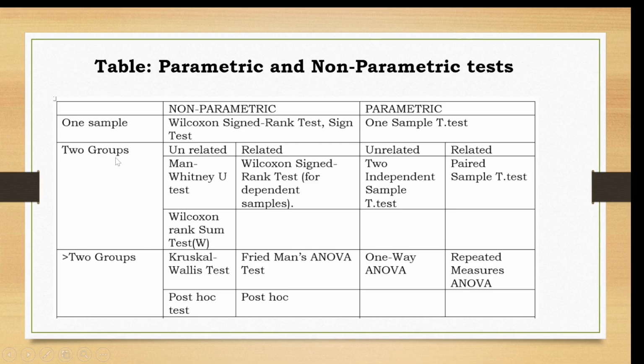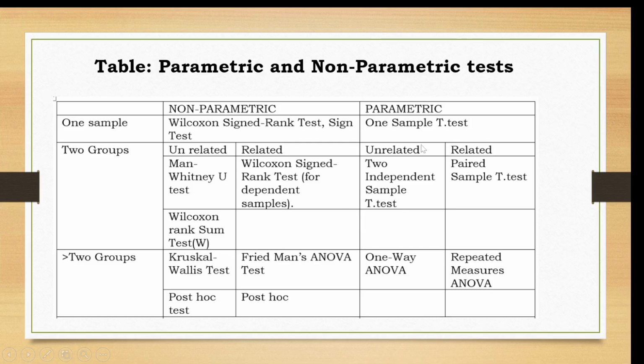For two groups, the non-parametric test is the Mann-Whitney U test when the groups are not related. For the related group, that is to say, when you have the paired group, you can use the Wilcoxon sign rank test for the dependent samples.